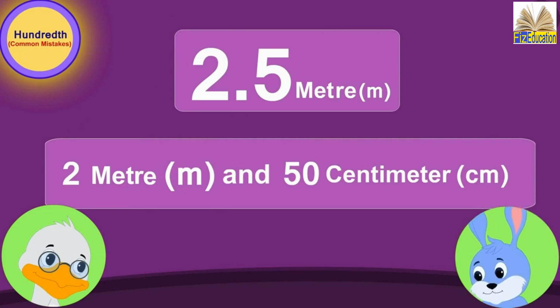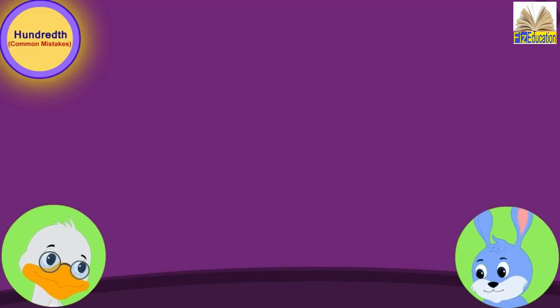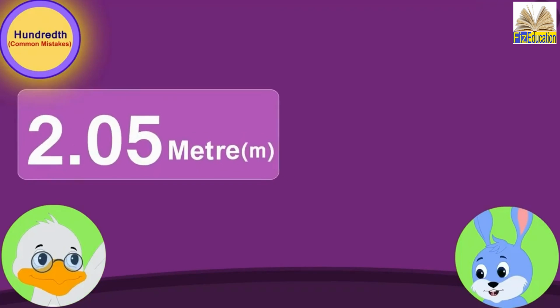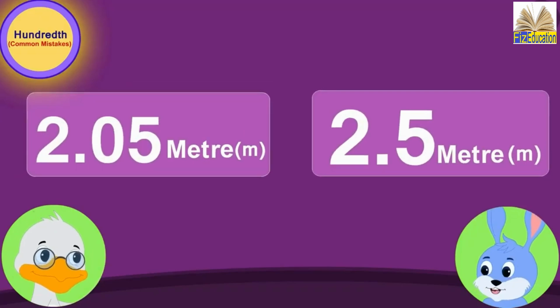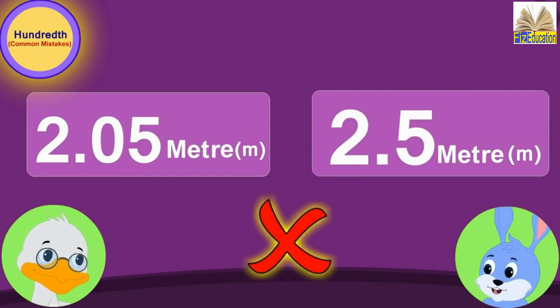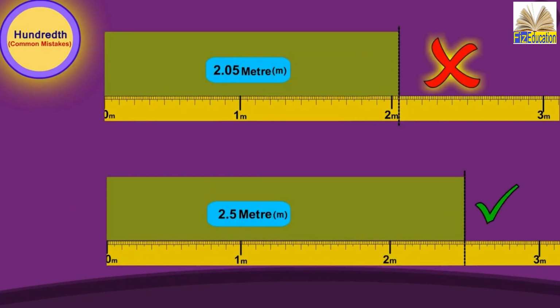Uncle explained to Bunny. Well, now I understand, Uncle, that 2.05 meter and 2.5 meter are not equal. And I accidentally gave Babban cloth of the wrong length.